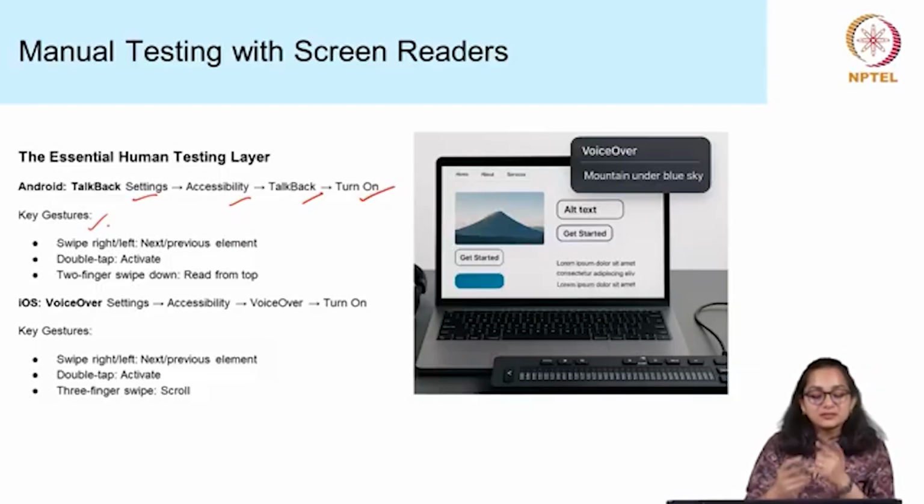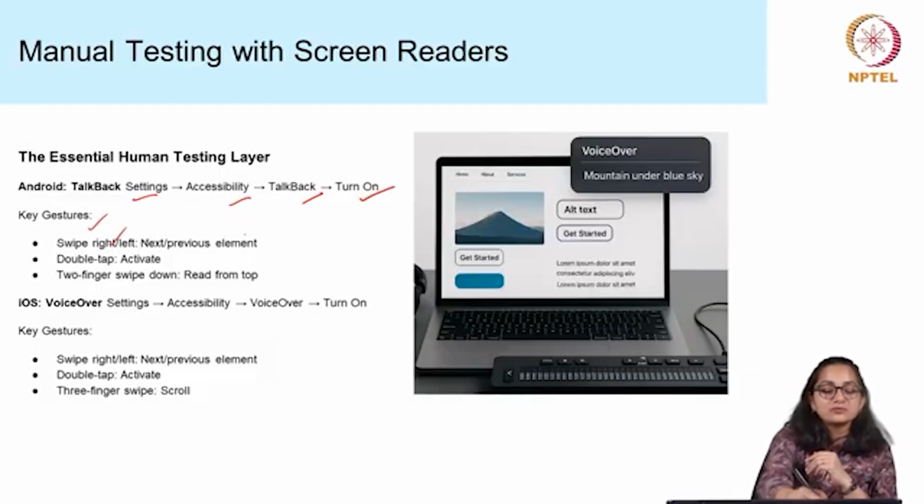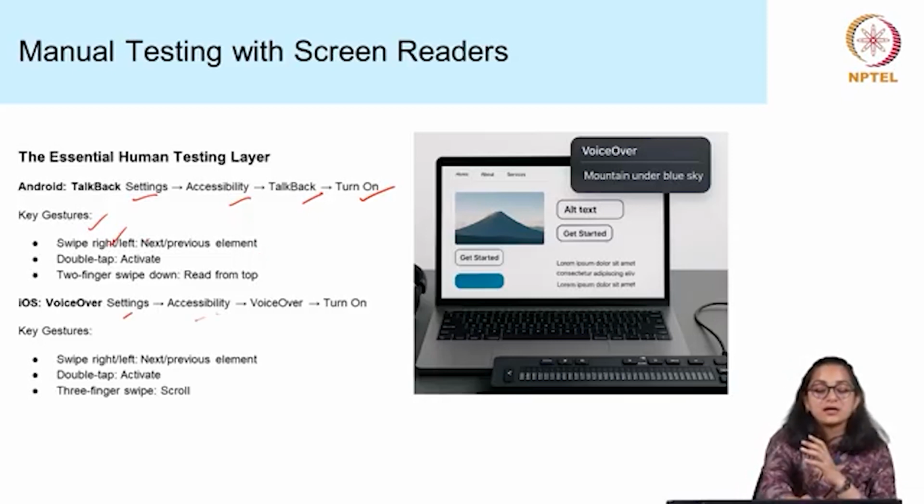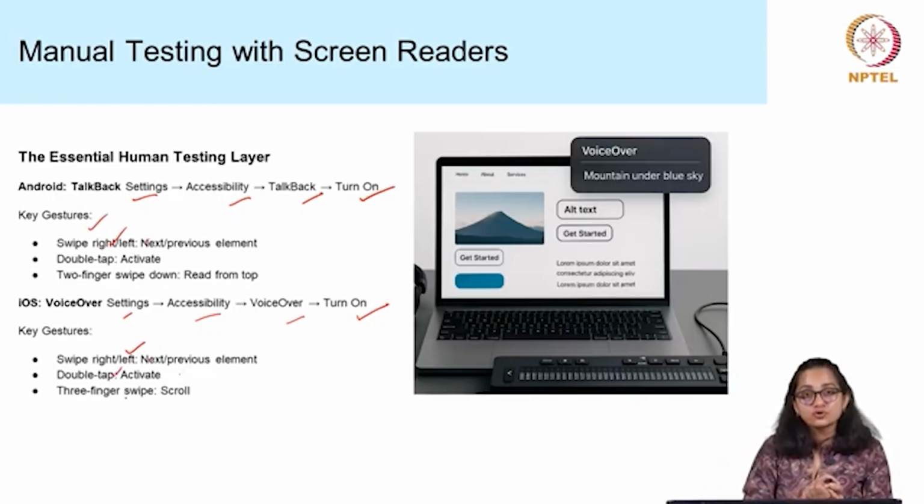Check the different gestures: swipe right, swipe left for next and previous elements, double tap to activate, 2-finger swipe to scroll and all of those. If it is iOS, you go to settings, accessibility, VoiceOver, and turn it on. Key gestures here are again the same: swipe right, swipe left, double tap to activate, and 3-finger swipe to scroll.